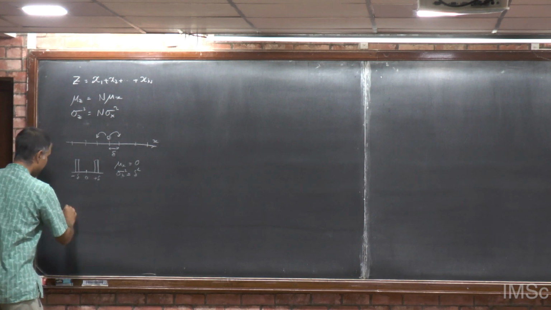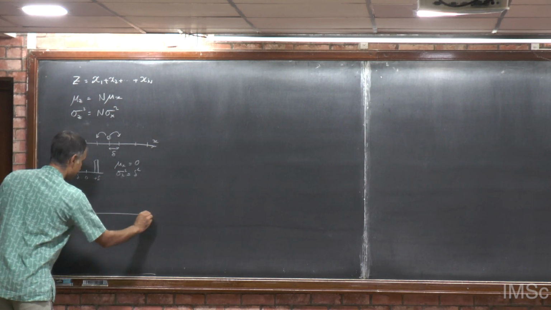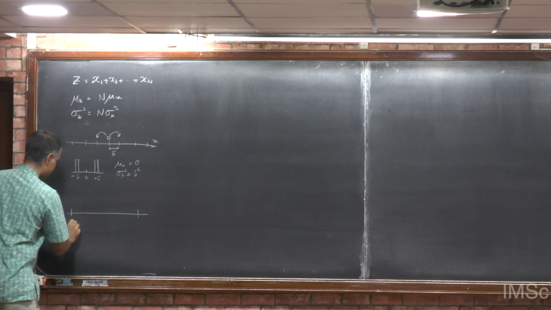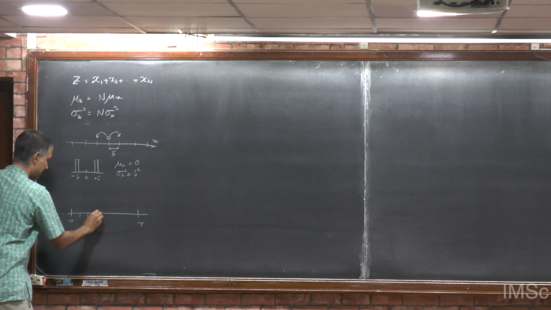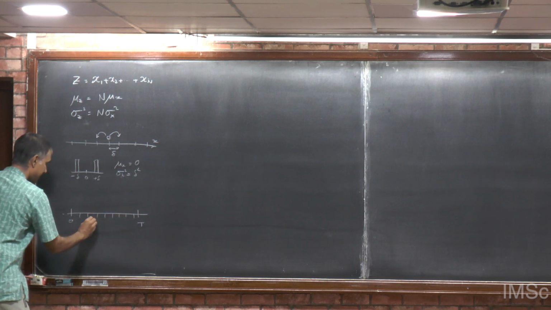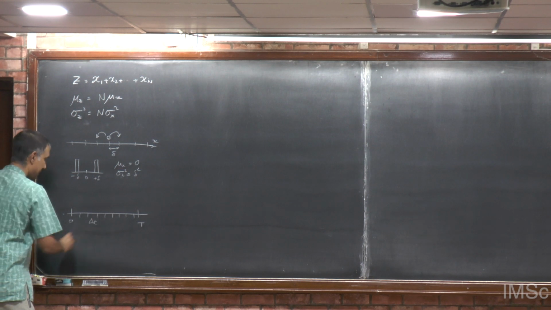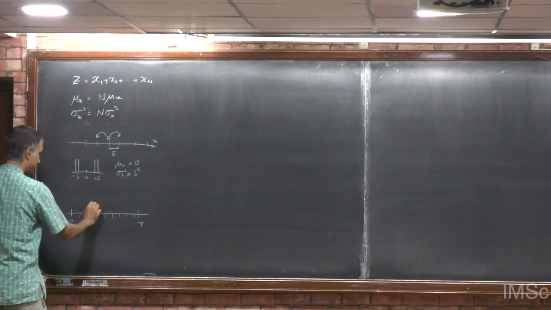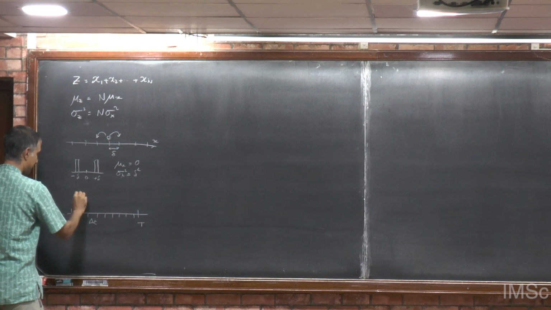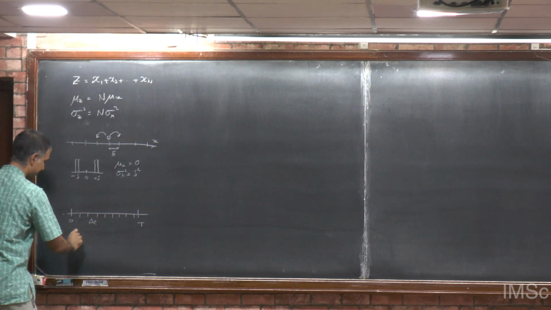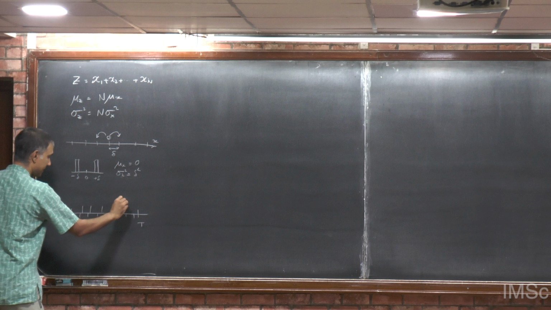The other calculation we did was, we said if we take a fixed time interval and break it up into small chunks of size delta t, and if there's a probability p that something happens, so here you get these spikes.